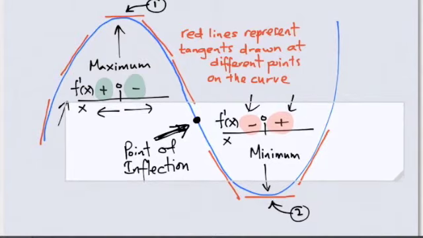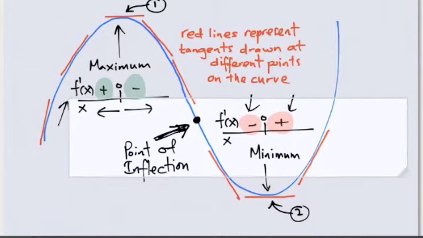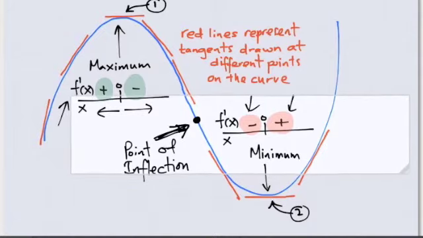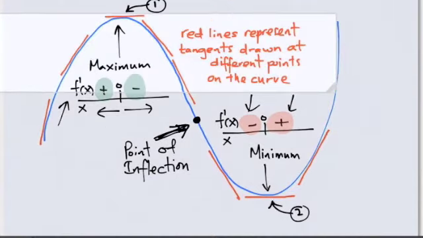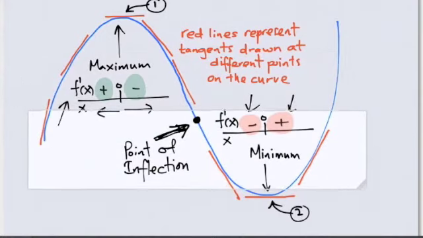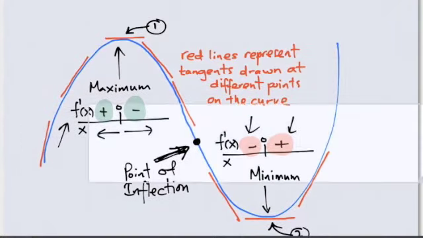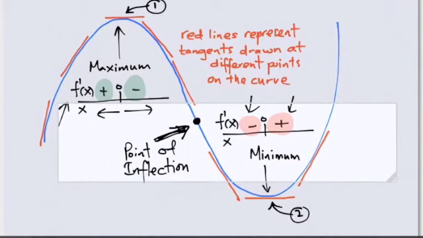So points of inflection are defined as points on a curve where the curve changes its shape either from concave down to concave up or concave up to concave down. So what are stationary points? All turning points and also all points of inflection are stationary points.